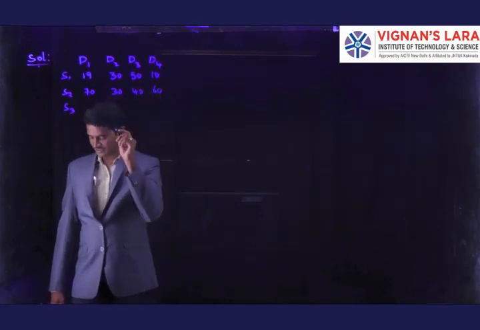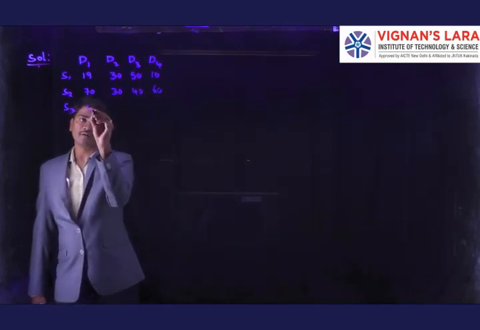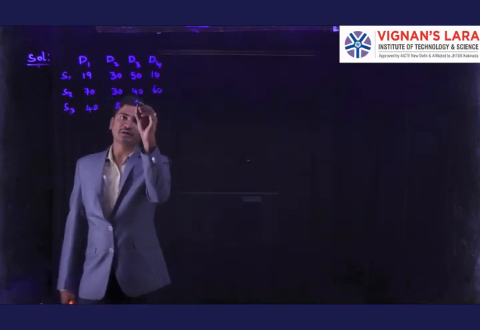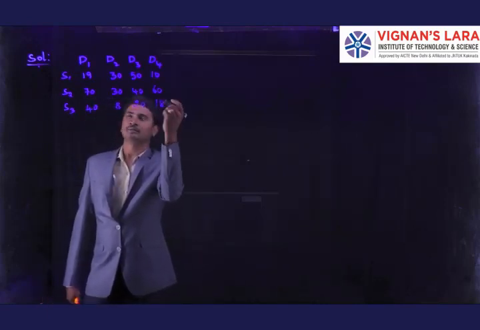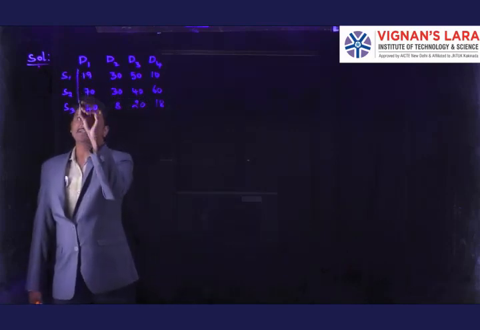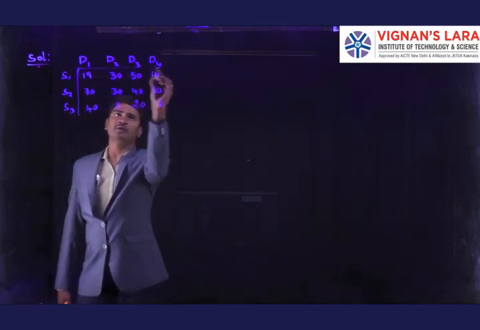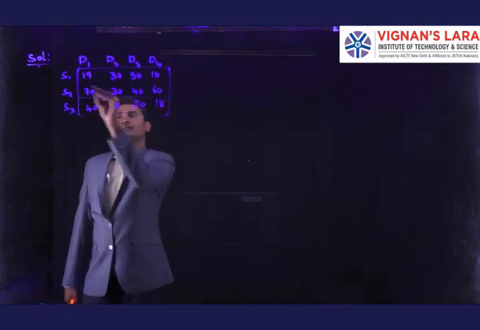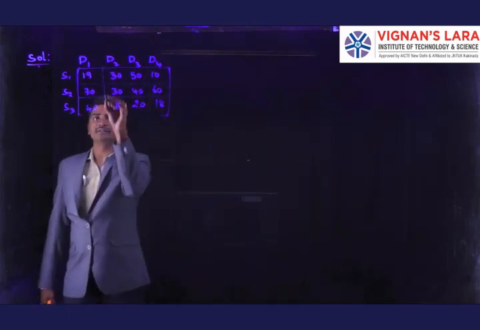Next, the third station: 40, 8, 20, 18. For each station, for each commodity, they are given the number of units availability, the XIJ value.